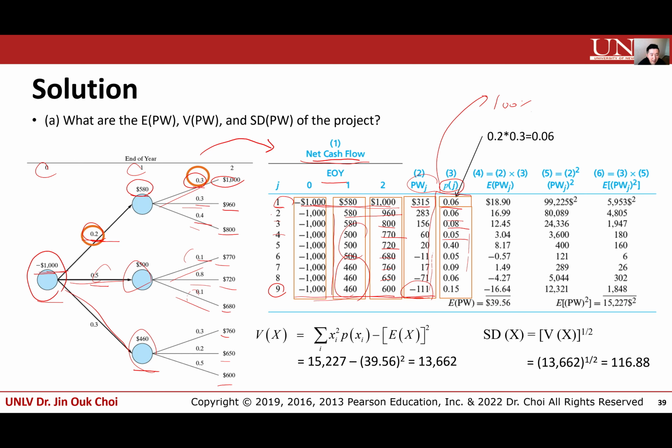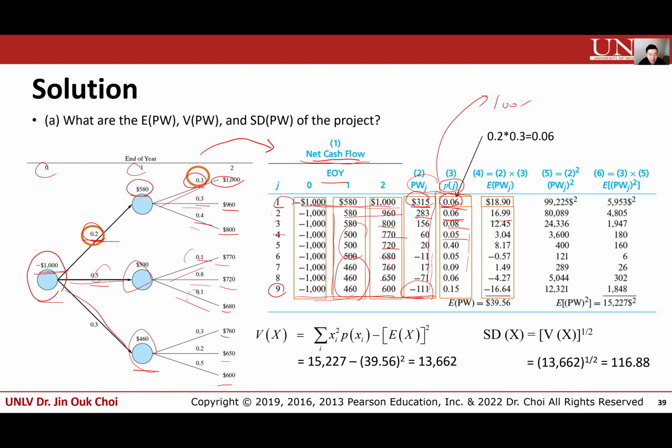Okay, and now in the next column, to calculate the expected value, we just need to multiply the present worth and the probability. So if we multiply 315 and 0.06, that gives us 18.9. The same way, 283 multiplied by 0.06 gives us 16.99, so on and so forth.